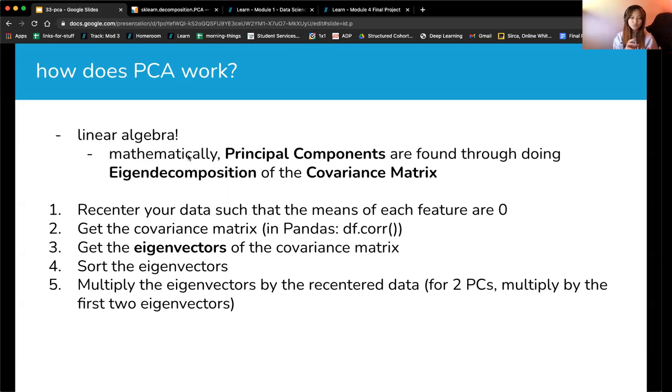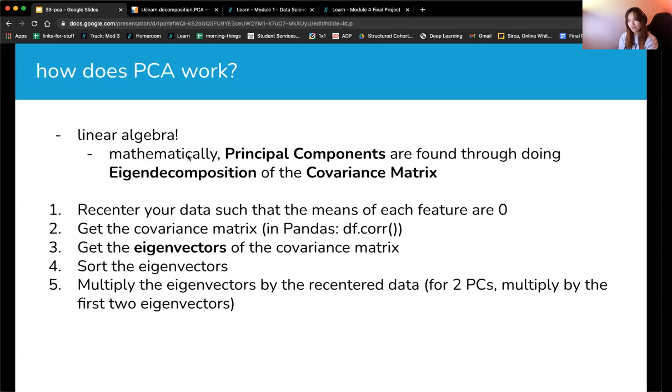That is useful because one of the resulting sub matrices will tell you the principal components. If anyone has taken a linear algebra course, you have to learn it at the very end of the semester. It's quite rigorous, but the machine does it all for you. But I wanted to talk really quickly about the process.